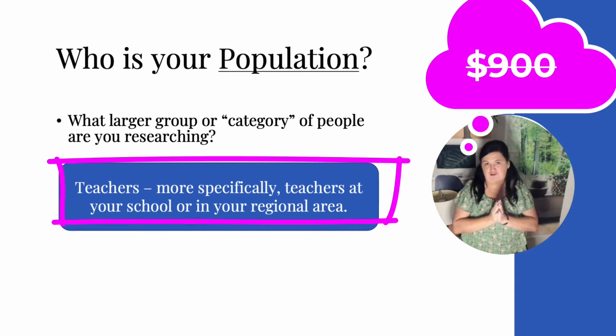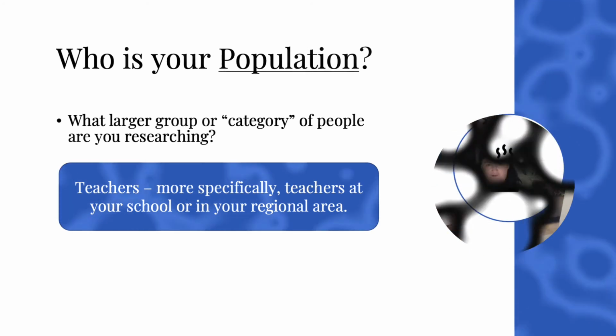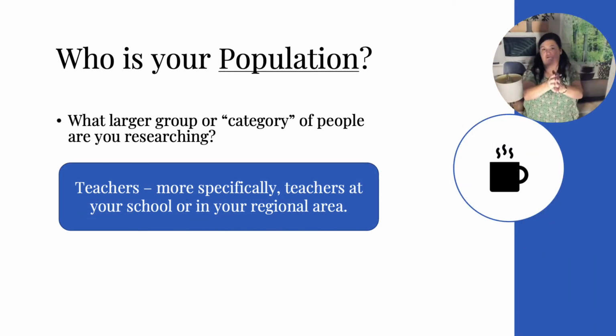Okay, so you have to narrow it down even further, right? You have to get that population down a little bit. We need to get a sample of them so that they're all represented in our smaller, more manageable group. Okay, so the bigger population is out there in Times Square, but we decided to do teachers at Queens Metropolitan High School. So our population is teachers that work at Queens Metropolitan High School.